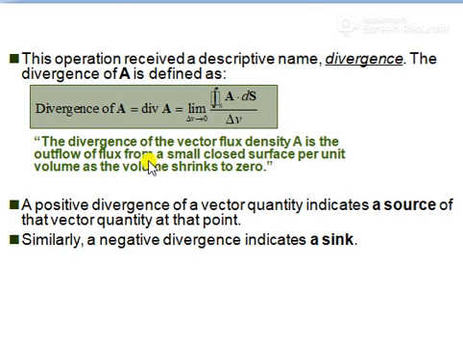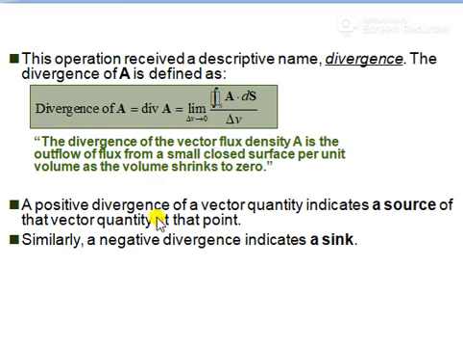The divergence of the vector flux density A is the outflow of the flux from a small closed surface per unit volume as the volume shrinks to 0.